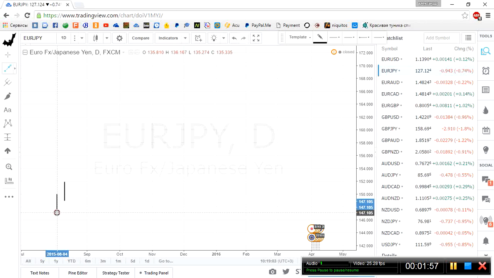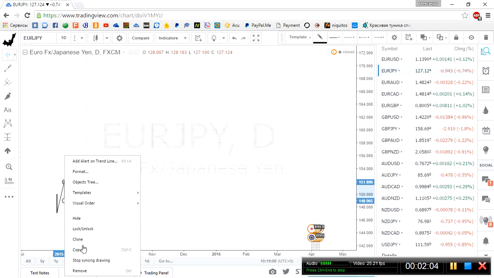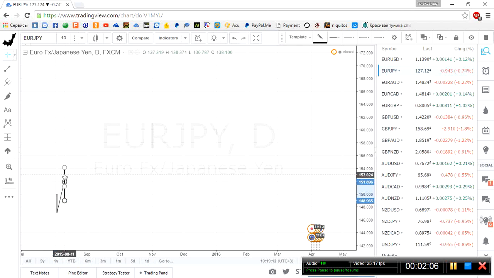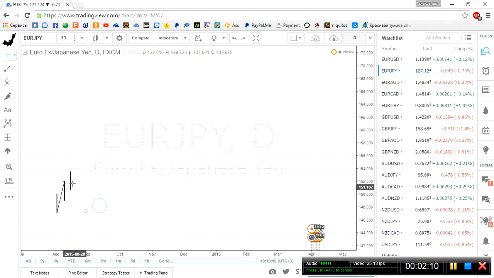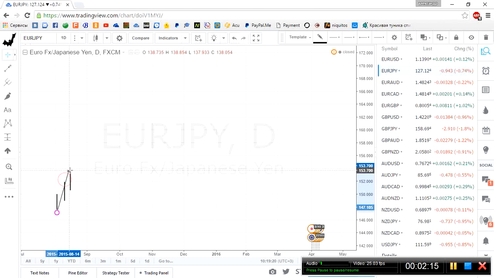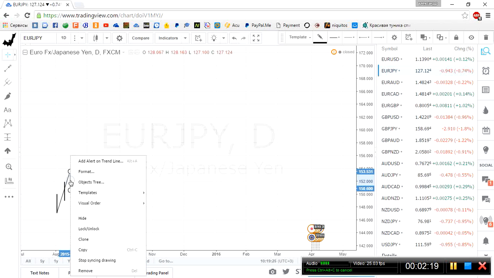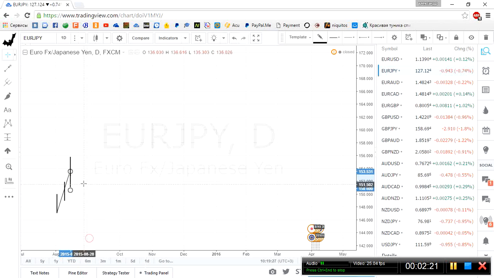Okay, this is the beginning and this is the end. For example, we have a next candle that began, and that candle has a higher high and a higher low. So that means that the swing continues. This time we will only discuss a two-bar identification system of swing identification. Okay, we have the next high and the swing continues.